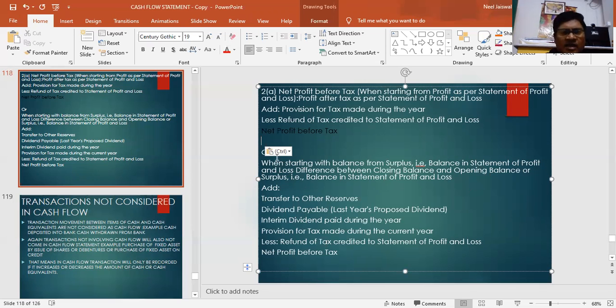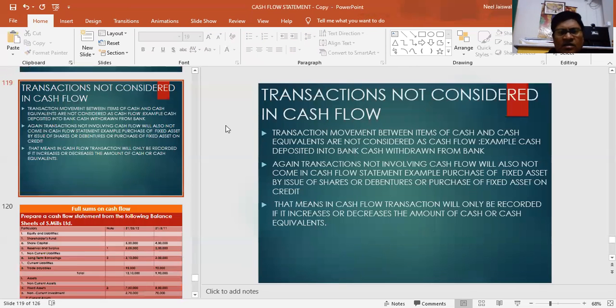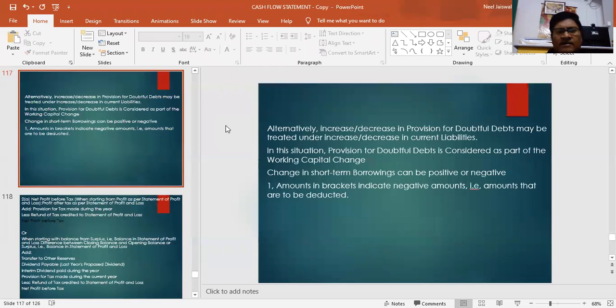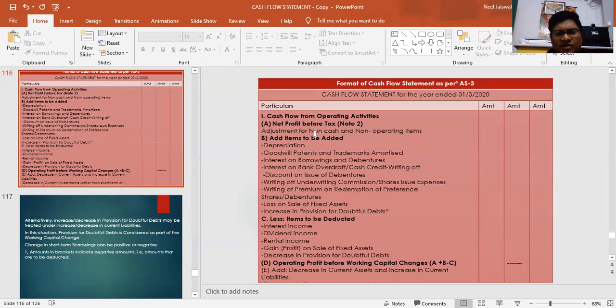Okay. Next now. Adjustments for non-cash and non-operating items. Remember now, we will add all non-cash and non-operating items like depreciation, goodwill, patent and trademark amortized. This is just like depreciation of intangible assets.